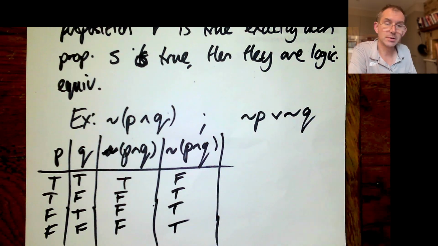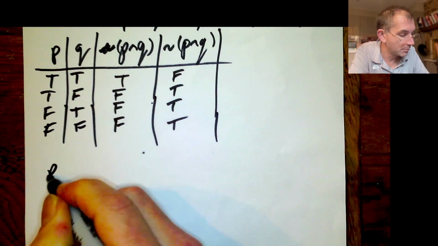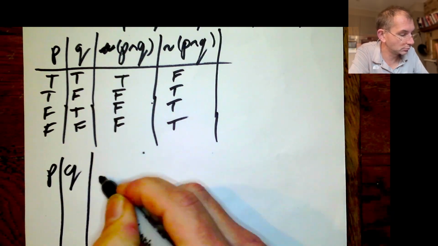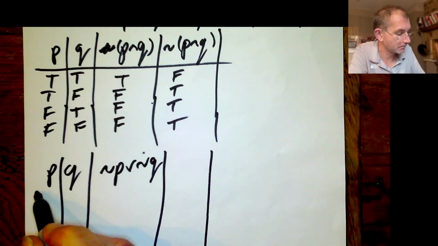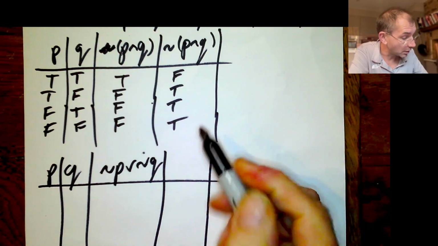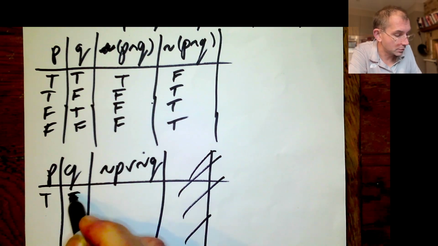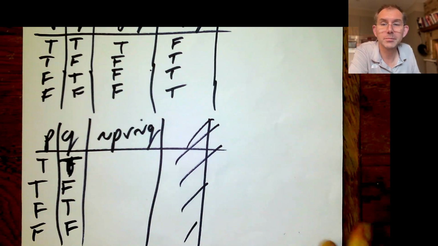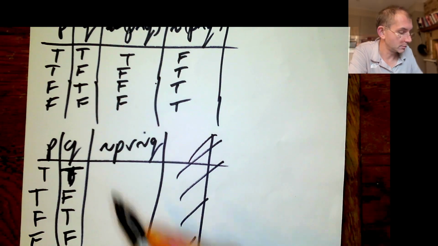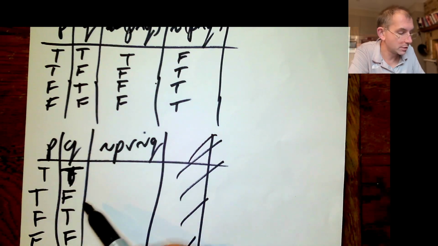And now let's do this second one. Not P or not Q. P, Q. Not P or not Q. I think we'll just do it all at once. So true, true, false, false, true, false, true, false. Those are my four options. And then I just want to work out what this is. So not P would be false, not Q would be false.